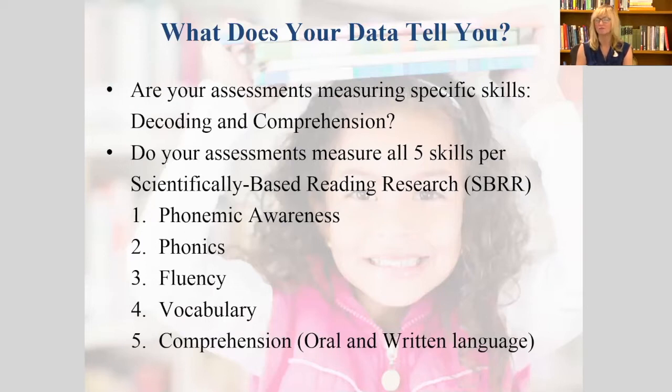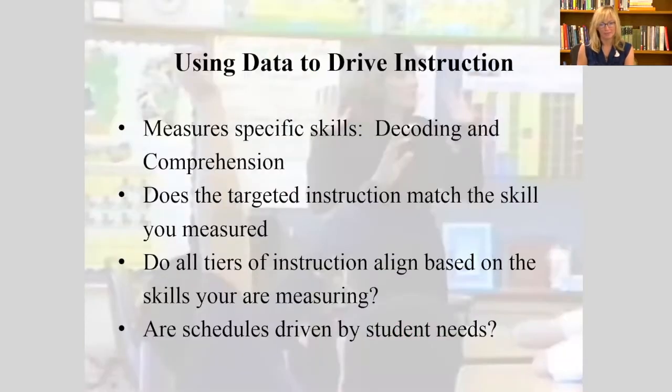Phonemic awareness is one that gets a lot of play. Phonics, of course. Fluency, which is a product of those two things. And vocabulary and comprehension. Let's not forget, though, not just written language comprehension, but oral language comprehension is just as important.